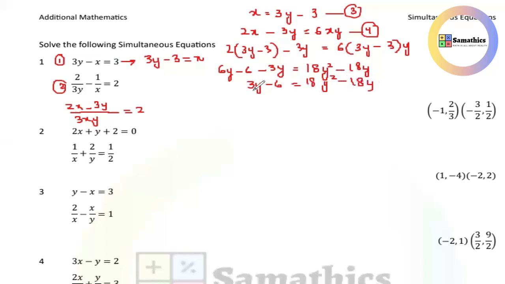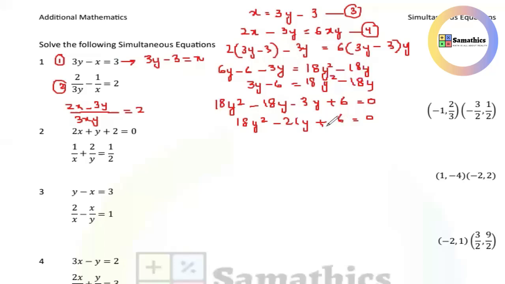We can bring this 3y minus 6 on this side. So 18y squared minus 18y minus 3y plus 6 is equal to 0. Then it will be 18y squared minus 21y plus 6 is equal to 0. Now all these three numbers are divisible by 3.